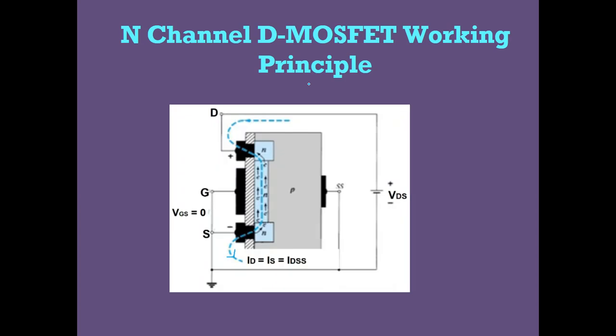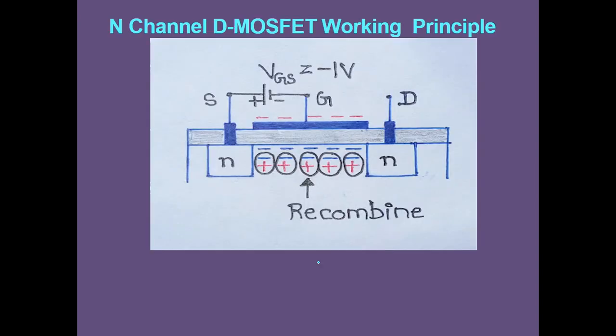What happens is that the electrons from the source terminal are attracted towards the positive polarity of the drain, thereby creating a conventional current of ID equal to IS equal to IDSS from the drain terminal towards the source terminal. This IDSS is the maximum, that is, the saturated drain source current that a MOSFET could have, right?